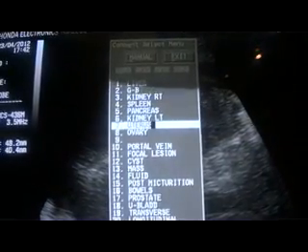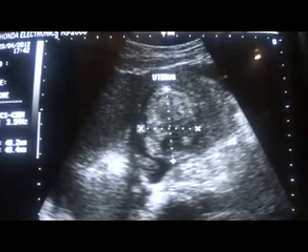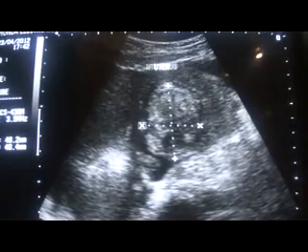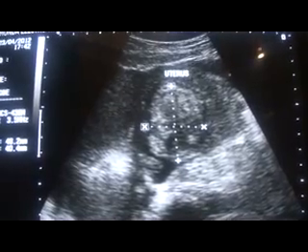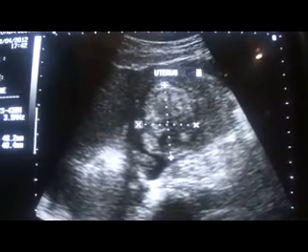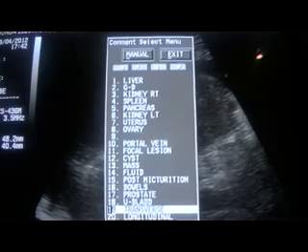Okay. So we see a fibroid in a cirrhotic patient. The age of the patient is about 65 years.